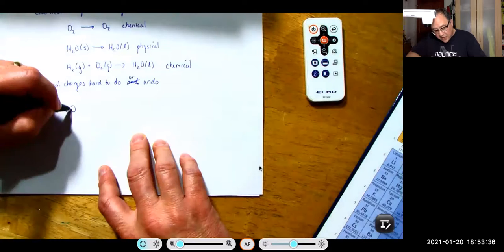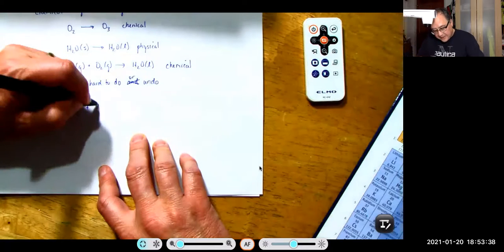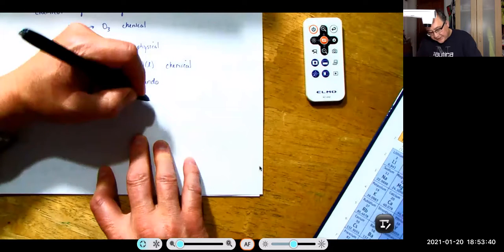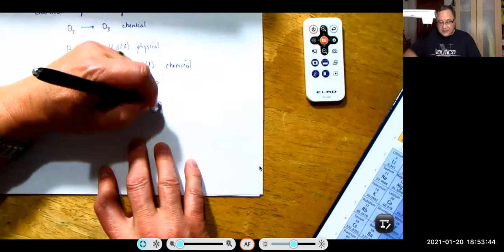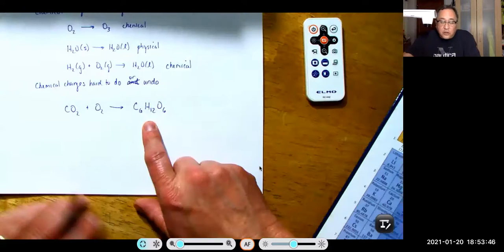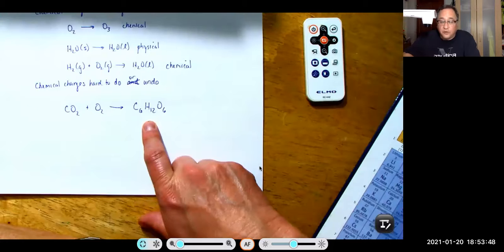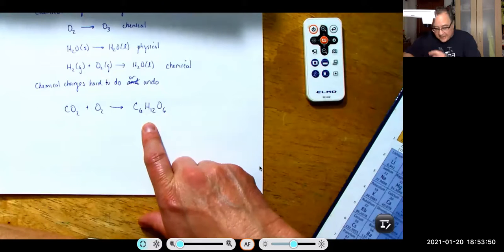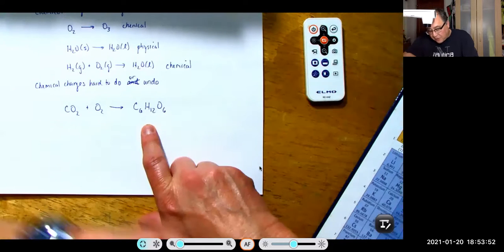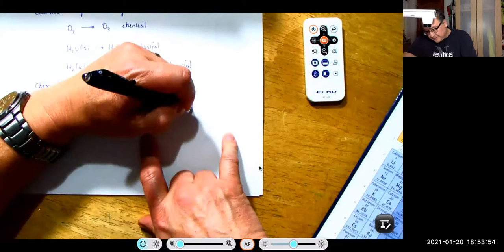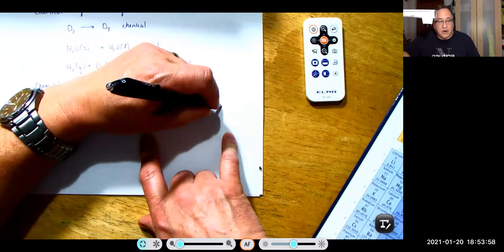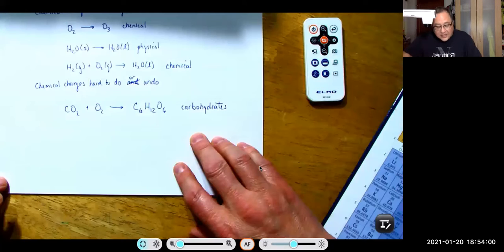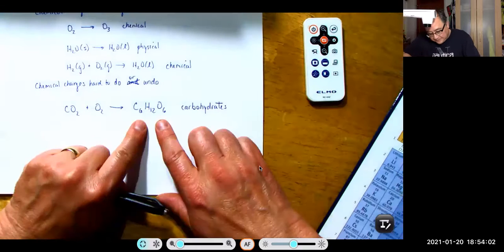CO2 reacts with oxygen, and you get C6H12O6. This is the formula for glucose. It's also the formula for fructose. And they also call these things carbohydrates. Sugars are called carbohydrates. Take a look at this formula.